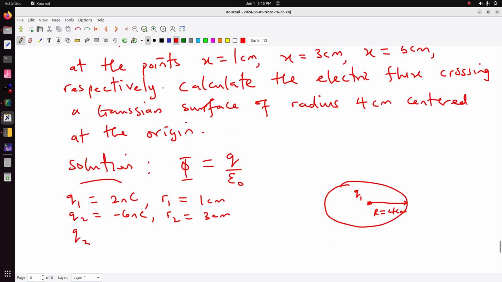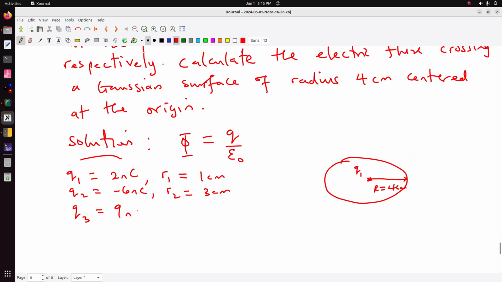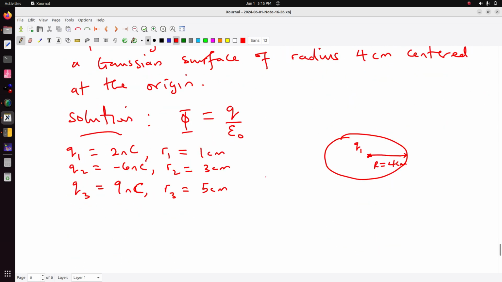Q3 is 9 nanocoulomb at position R3 of 5 centimeters. Q1 and Q2 lie within this radius. However, Q3 at 5 centimeters lies outside the surface, so it is not considered.